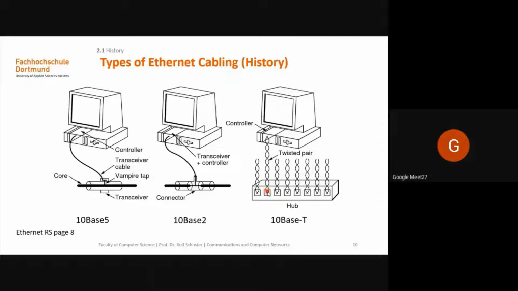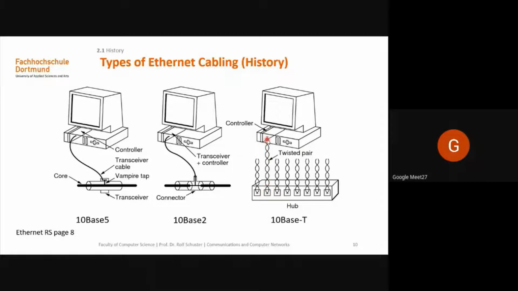The dedicated media is because there is a point-to-point link between each station, each node, and a concentrator called a hub, or for instance, a switch. In the case of using twisted pairs, we use unshielded twisted pairs. Each link has two pairs.